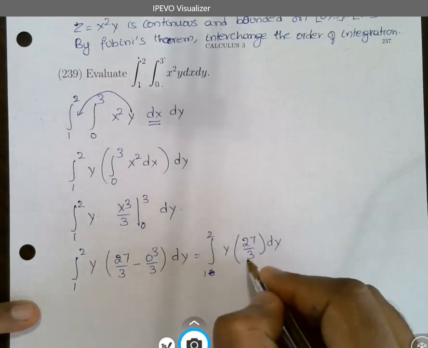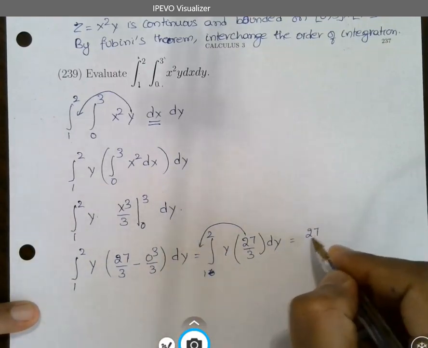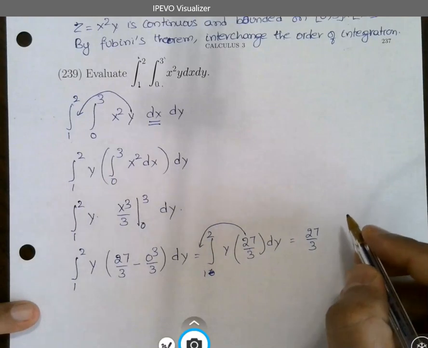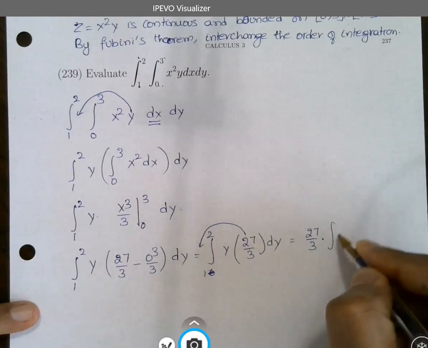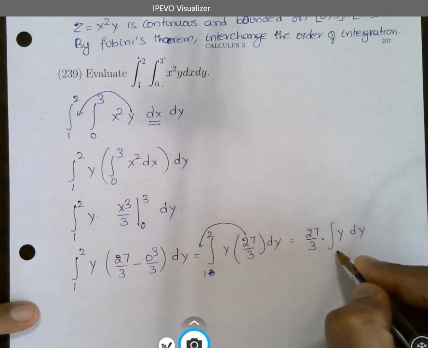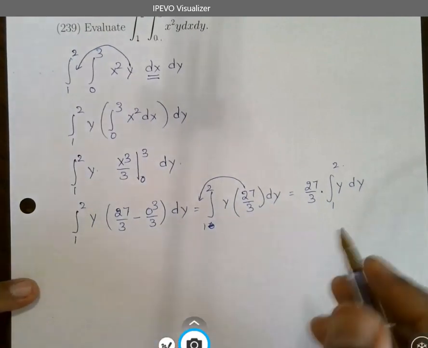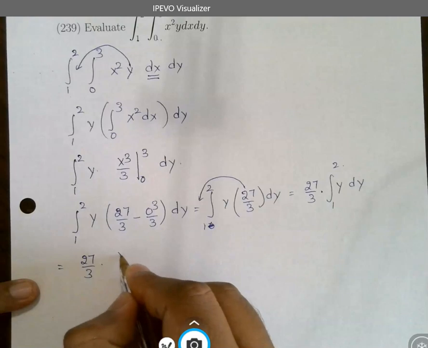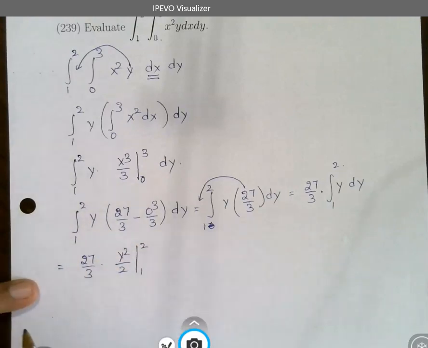Now 27 over 3 is a constant, so it steps outside the integral sign, so you get 27 over 3 times the integral of y dy, where the limits of integration are from 1 to 2. Now upon integrating using the power rule, you get 27 over 3 times y squared over 2, where the limits of integration are from 1 to 2.